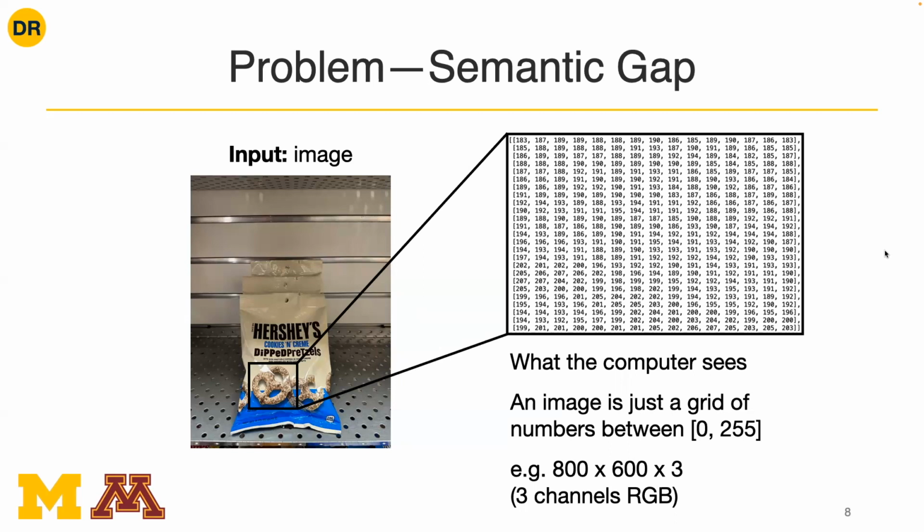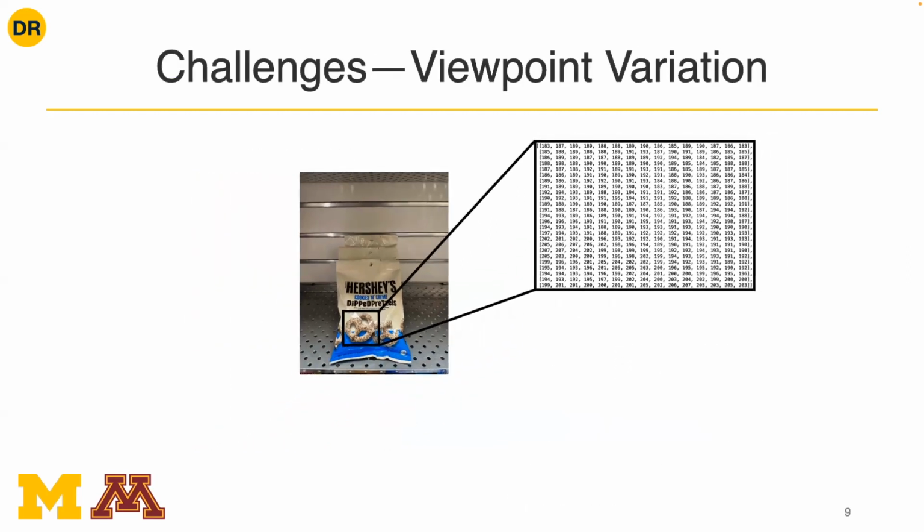So we see that image on the left, and we instantly recognize it as food. What the computer sees when it sees the image on the left is an array of numbers. It's a big three-dimensional grid of just integer numbers between 0 and 255. And so it has to try to take that extremely low-level signal of just a grid of numbers and interpret it as a very high-level class. And so that's very difficult to achieve.